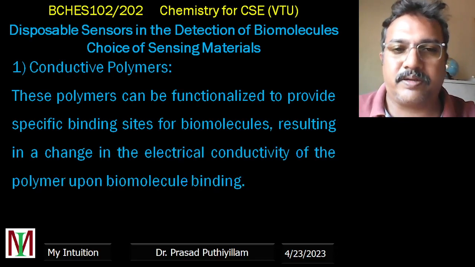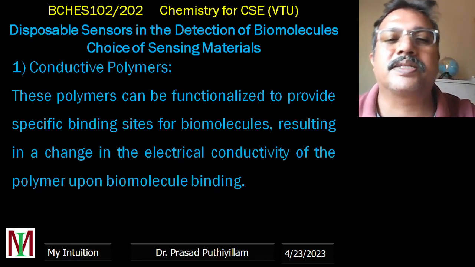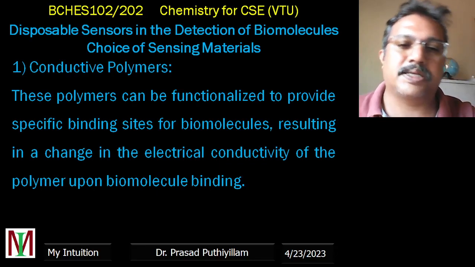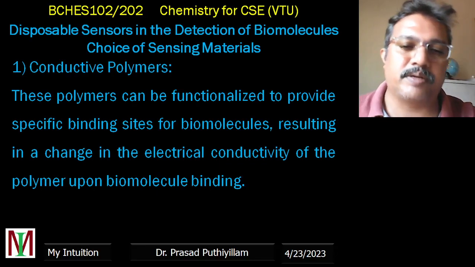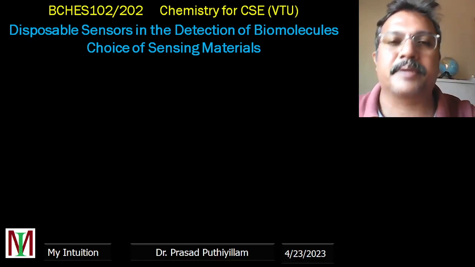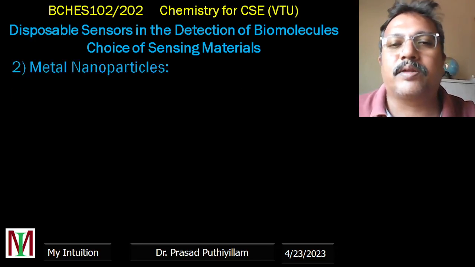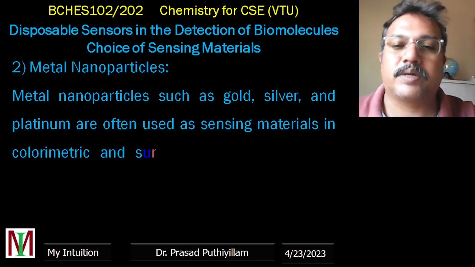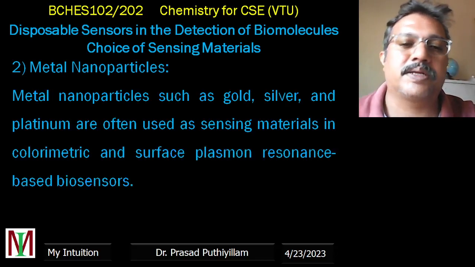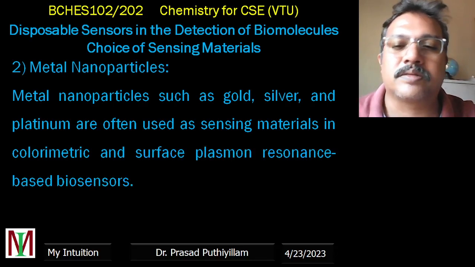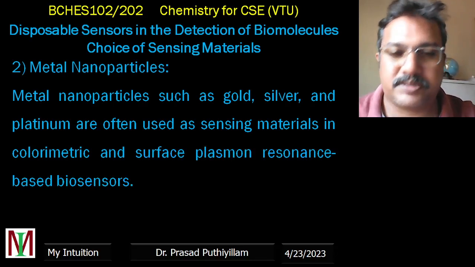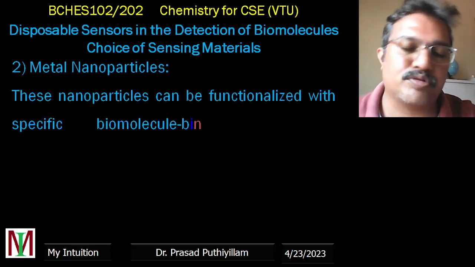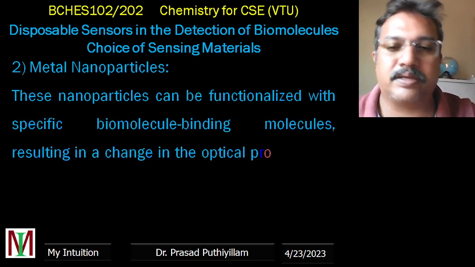They can be easily functionalized to provide specific binding sites for the biomolecule, resulting in a change in the electrical conductivity of the polymer upon biomolecular binding. Then metal nanoparticles like gold, silver, and platinum are often used as sensing material in colorimetric and surface plasmon resonance based biosensors. And these can also be easily functionalized.